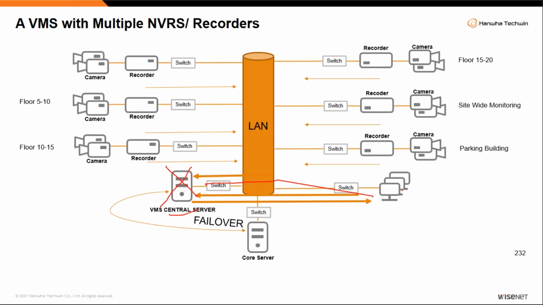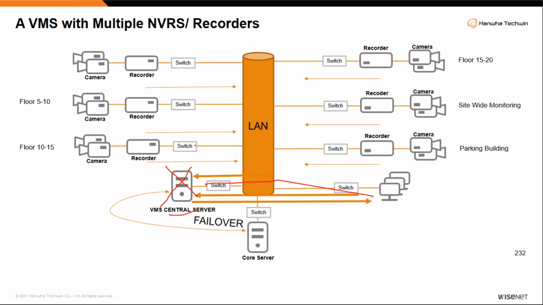The client PC to get the view and playback is also dependent on the management server. So if the management or the main application is dead, your system will collapse, right? Although independently they can work, the recorder will work as it is, the cameras will work separately, but clients cannot access.